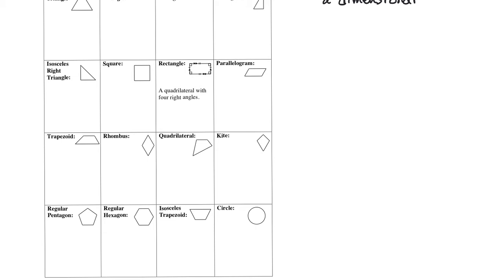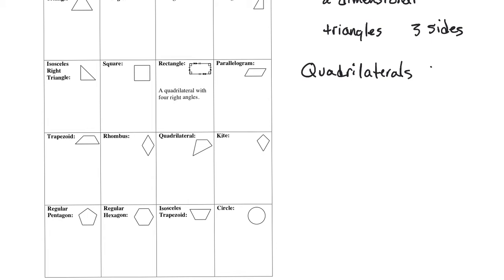Also, we're going to be talking about some different kinds of shapes. We're going to be dealing with triangles. That means three sides. We're going to be dealing with quadrilaterals. That means four sides.